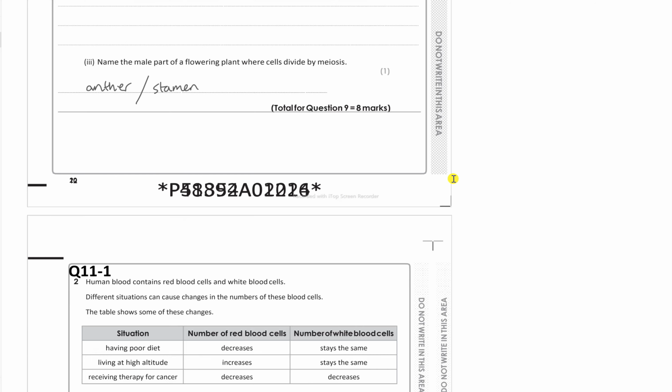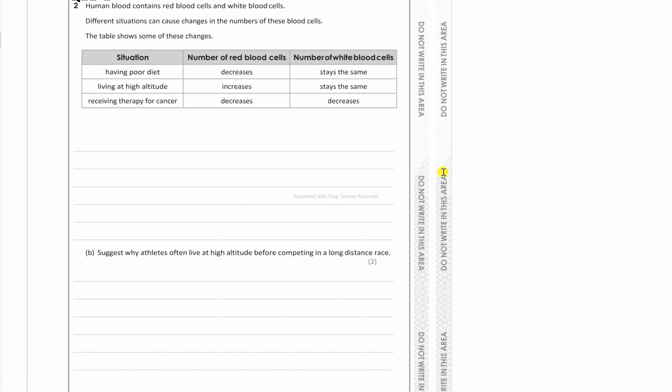Okay, let's go. Right, so we've got human blood cells. Human blood contains red blood cells and white blood cells. Different situations cause changes in the number of these blood cells. So if you've got a poor diet, red blood cells decrease.